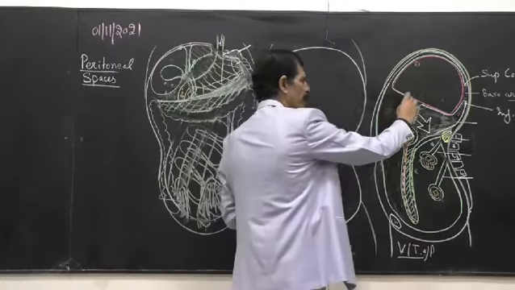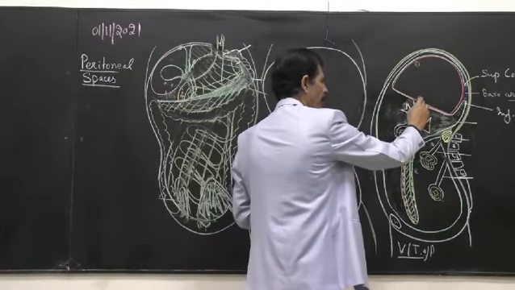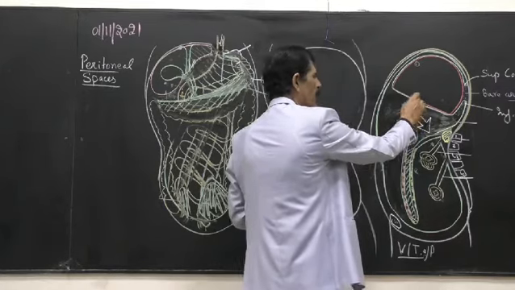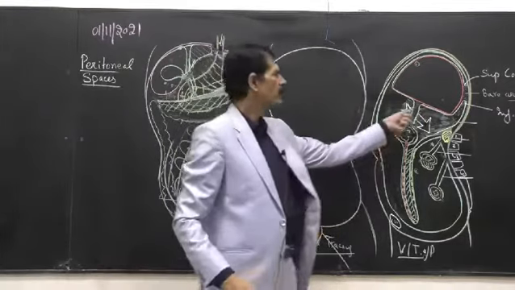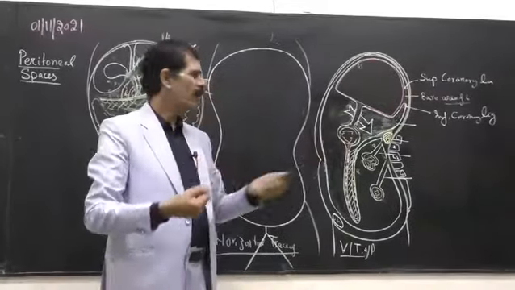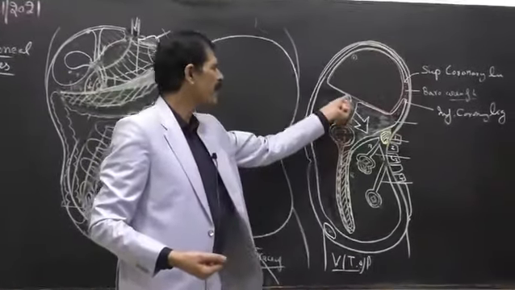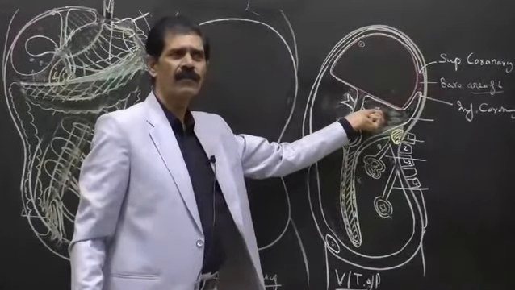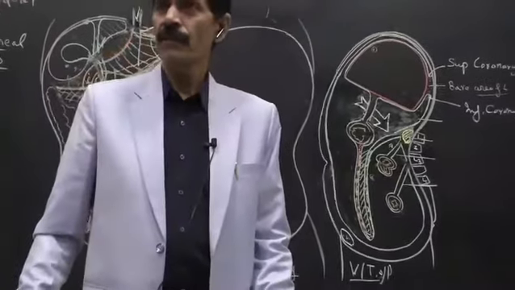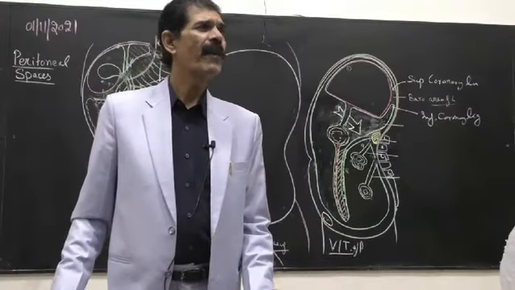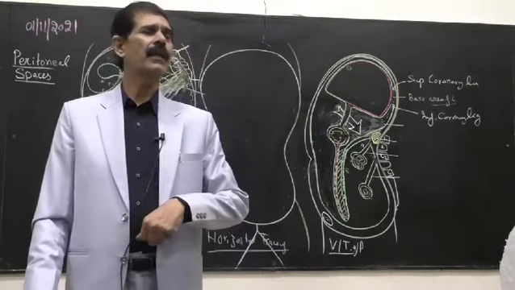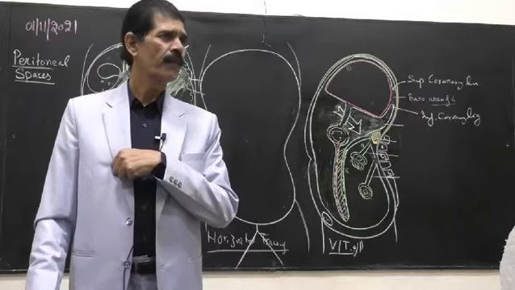Second thing, we have to cut the lesser omentum, where this point is called porta hepatis. If we cut only this, then the stomach will also be dragged out. So we have to separate the stomach with the greater omentum. Second cut is here. We have to cut the lesser omentum around the porta hepatis. Third, we have to cut the falciform ligament also, because falciform ligament attaches the umbilicus to the liver.